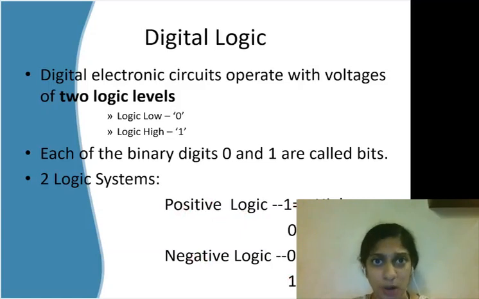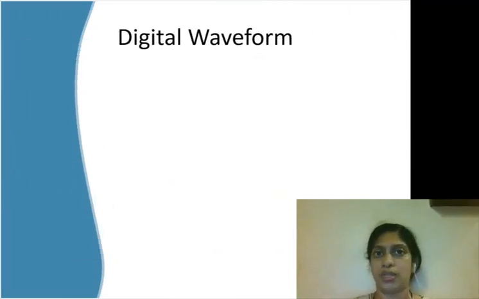In positive logic system, we are using 1 for high voltage and 0 for low voltage. Whereas in negative logic, it is the opposite of the positive logic system, that is, we are using 0 for high voltage and 1 for low voltage signals. So this is the basics of digital logic.